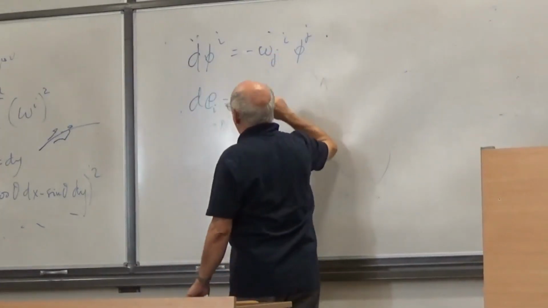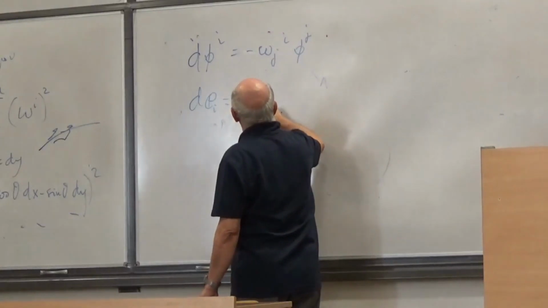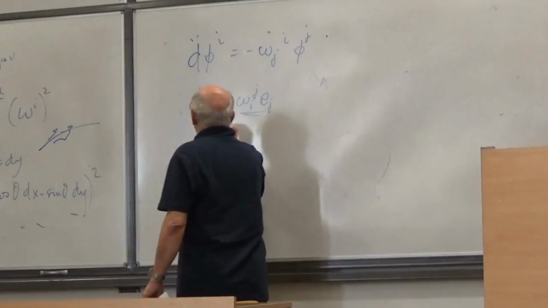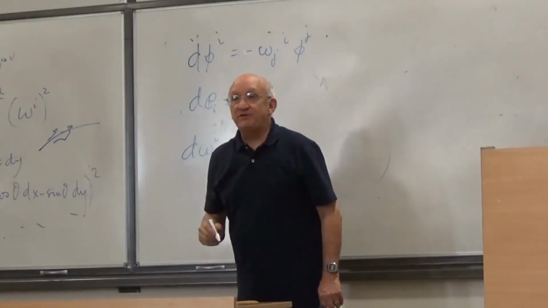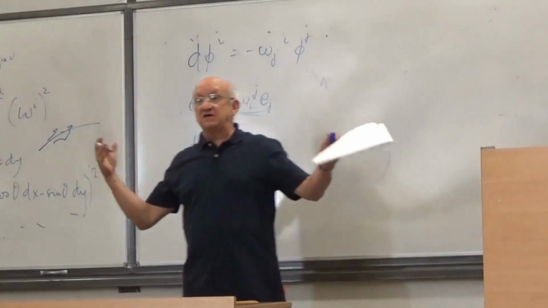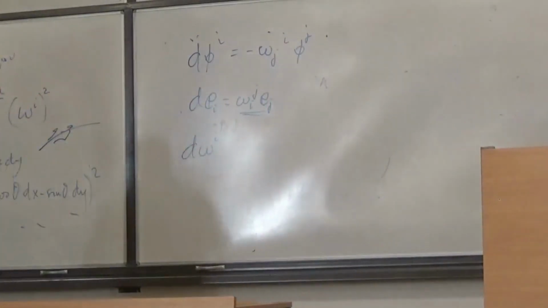This is connection dependent, this is connection dependent, and now what do I want to put there? I don't need to know about the connection at all, because exterior differentiation does not depend on connection. So that is the big difference.